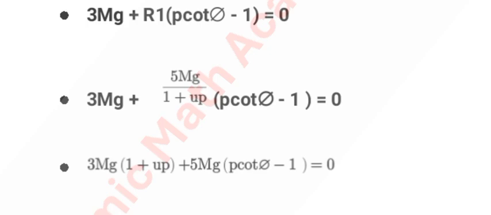When you multiply 3mg by 1 plus UP, you have 3mg into 1 plus UP. When you multiply 5mg divided by 1 plus UP times P cot theta minus 1 by 1 plus UP, the 1 plus UP will cancel the 1 plus UP down, and you're left with 5mg into P cot theta minus 1. When you multiply 0 times any number, you should be left with 0.